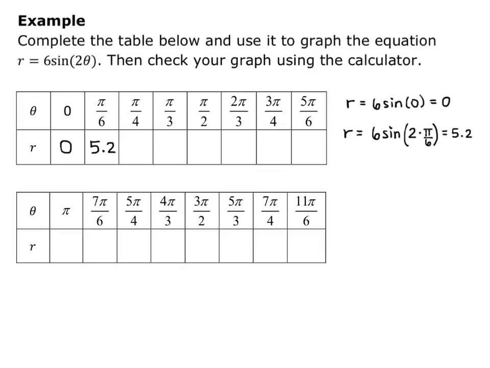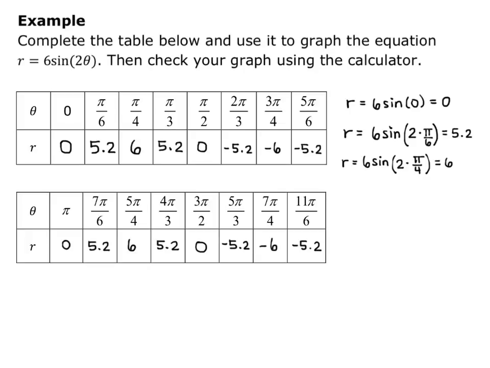So pi over 6 and r equals 5.2. When theta is pi over 4, I plug that into my equation, so r equals 6 sine of 2 times pi over 4, which is 6. So I put that in my table. And I keep plugging in each angle until I completely fill in the table.